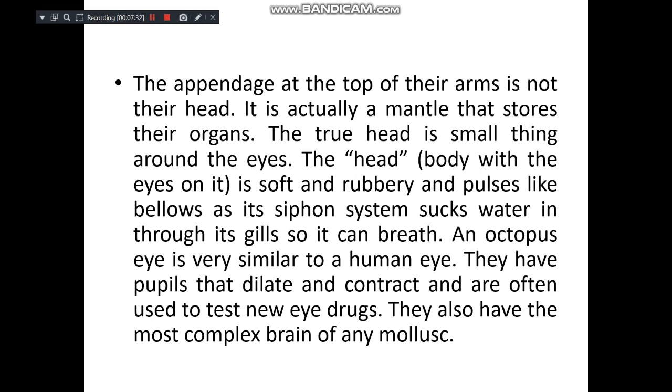An octopus eye, if you observe, is very similar to that of a human eye. The octopus has a pupil in the eyes that dilates and contracts.